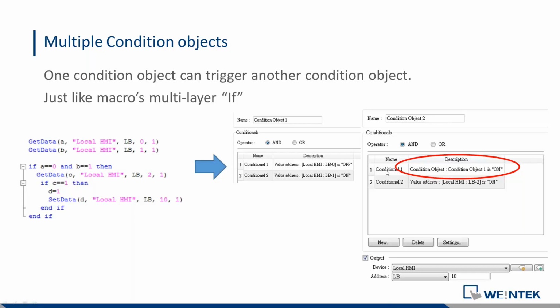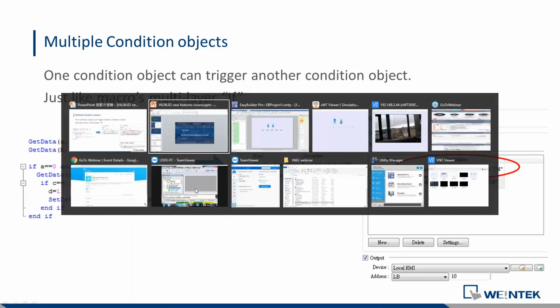So in condition object 2, you can also put the C from the macro, C equals 1, and we put LB2 is on here. So these two condition objects combined together are just like the macro with multiple layers. We can use a condition object to trigger another condition object.